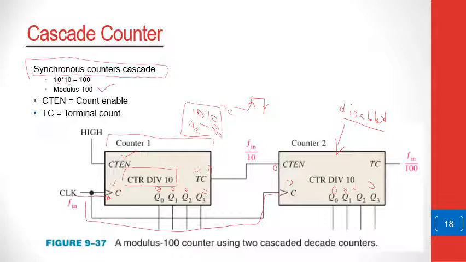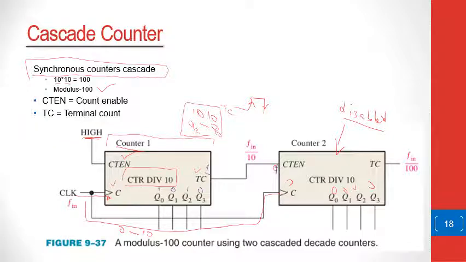This would be useless. So because this one is on high, the first counter will count all the way from 0 to 10. Once it reaches 10, as we have explained, at that particular transition, this becomes 1.